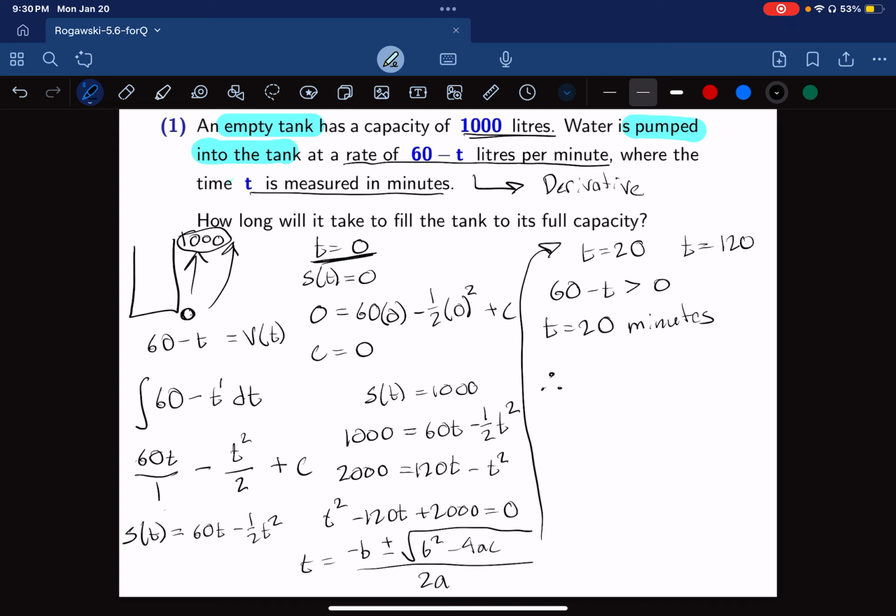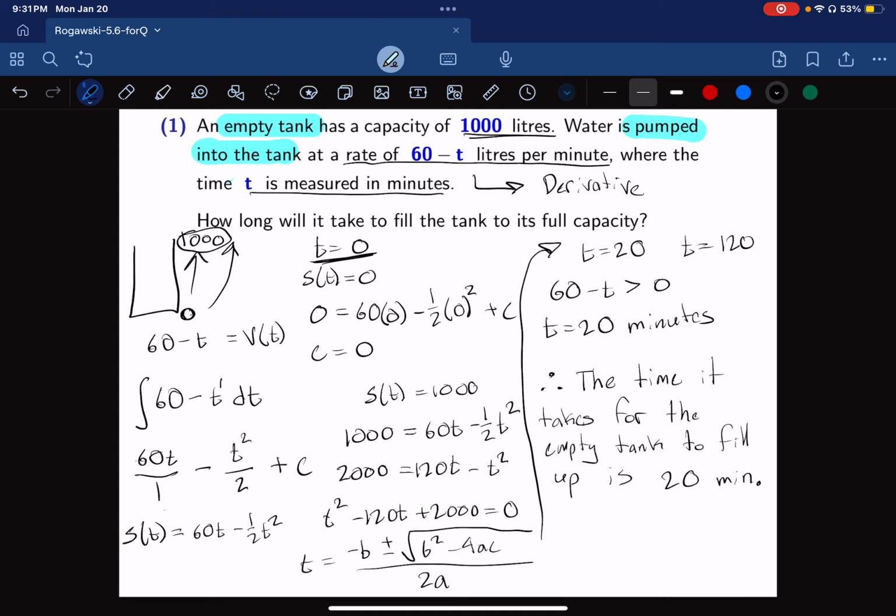So, therefore, the time it takes for the empty tank to fill up is 20 minutes. That is how we answer this first question.